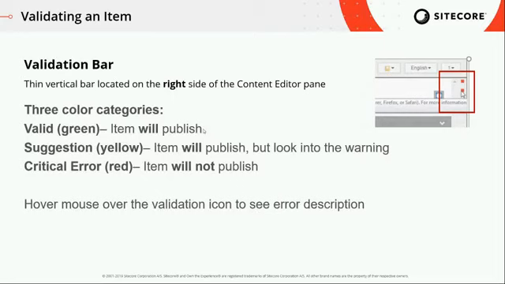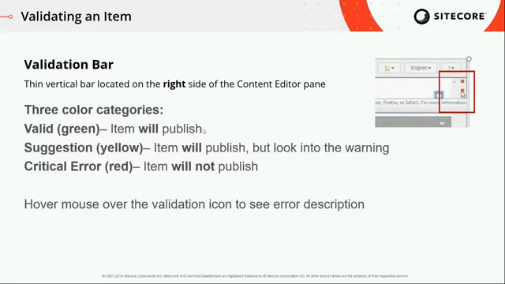And the big takeaway for this as regards to publishing are these colors. If it's yellow, the item will publish, but look into the warning. Might be important. If it's red, the item will not publish, and it's critical. An example of that would be alt text on an image. Sitecore requires all images to have an alt text.